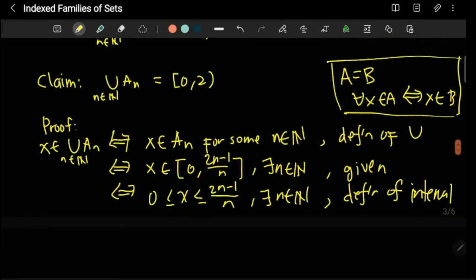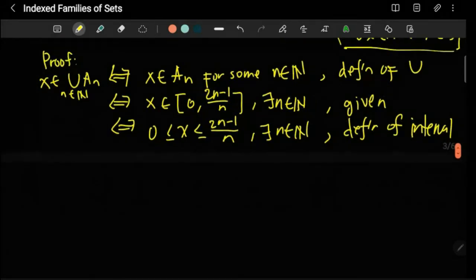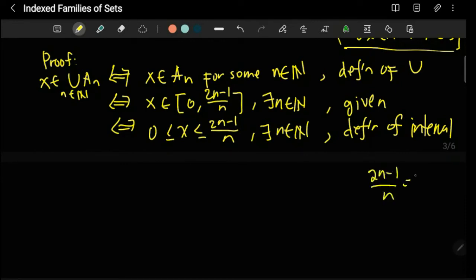Alright? Now, what does it mean for x to be between 0 and (2n minus 1) over n for some n? Remember, yung (2n minus 1) over n is the same as 2 minus 1 over n. So, anong ibig sabihin na si x is between that value? Mula dyan hanggang dyan, for some n. Ibig sabihin, meron kang makikitang n sa x na yon. So, no matter what happen, kahit ano pa yung value ng x, never namang nag-i-equal to sa 0.